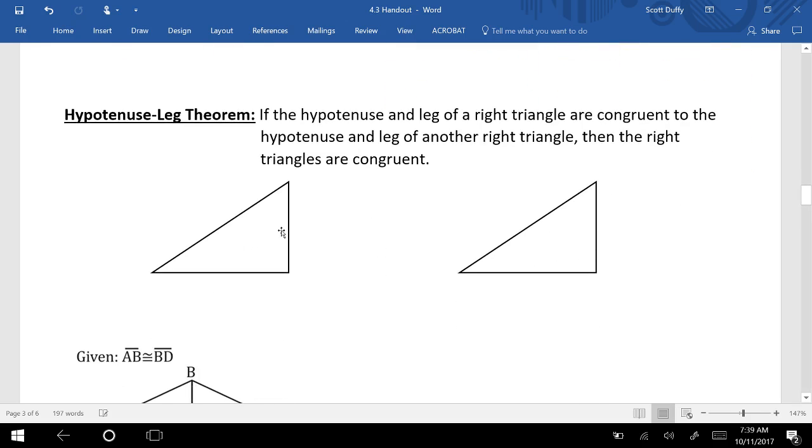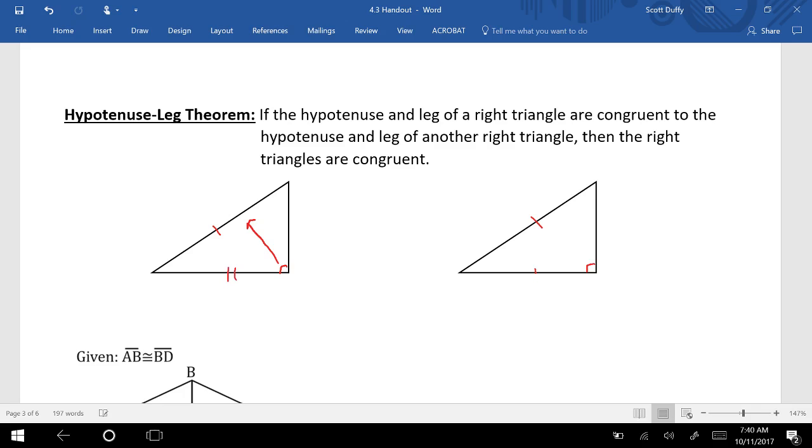Last thing to go over today is the hypotenuse leg theorem. If the hypotenuse and the leg of a right triangle are congruent to the hypotenuse and the leg of another right triangle, then the right triangles are congruent. Well, we know right away that these are right triangles. And the hypotenuse is the side that's across from the right angle. So if we're saying that this hypotenuse is equal to this hypotenuse, we're also given, let's say, a leg.